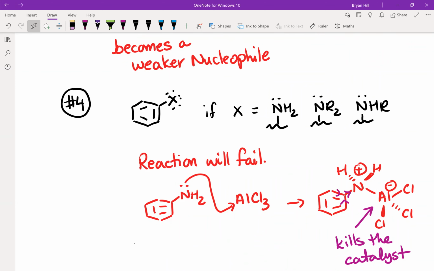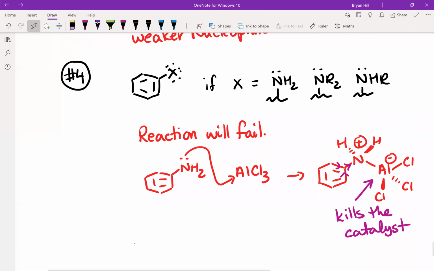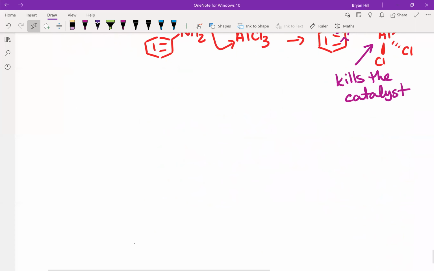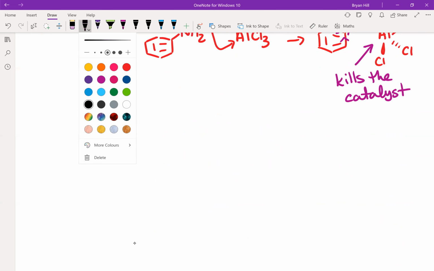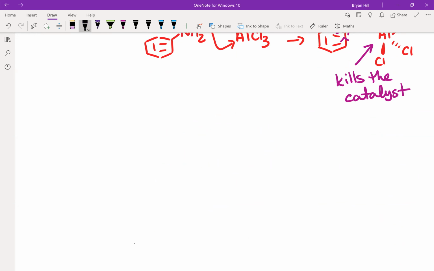In organic three, we talk about some ways that we could overcome certain things, certain strategies, but those are more synthetic things. The overcoming of problem number one is a very similar reaction, which is the Friedel-Crafts acylation.